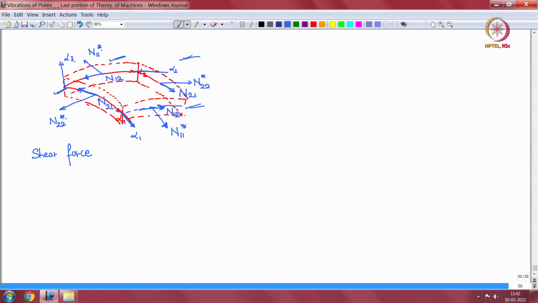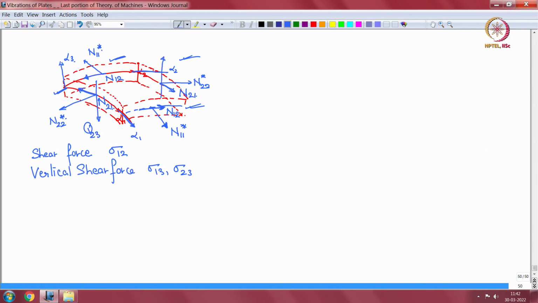Okay, and then we have the vertical shear force caused by sigma 13 and sigma 23. This is caused by sigma 12. Again on the negative face it will be downward. This is the 2 face in the 3 direction.